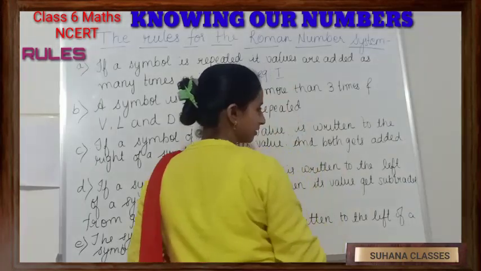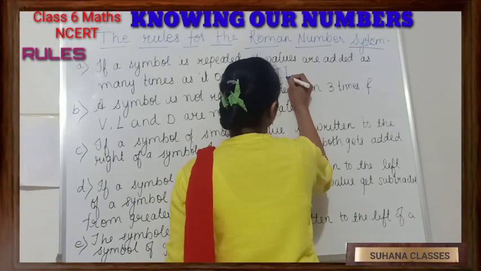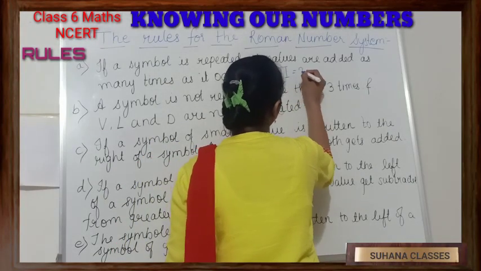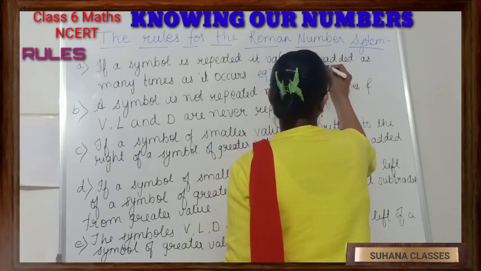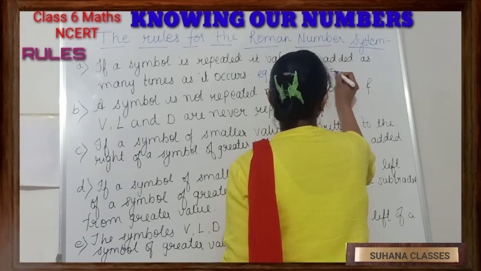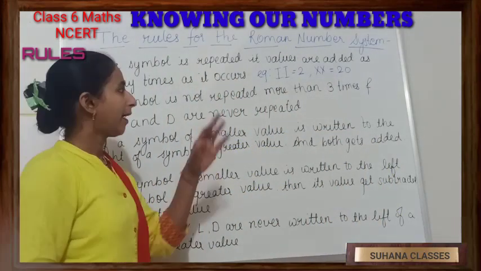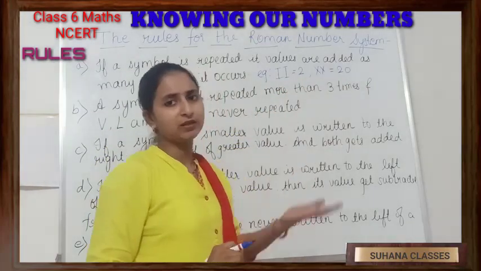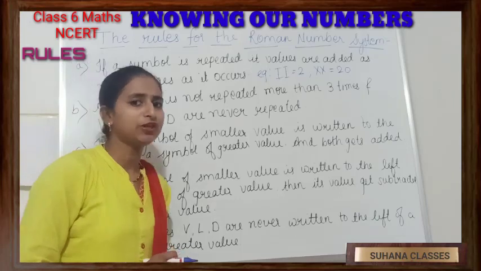I write 1 like this. How do I write 2? Like this. So 1 plus 1 becomes 2. How do I write 10? I write 10 like this. So 10 plus 10 is 20. So if I repeat the symbol, all the values get added. So this is our first rule.